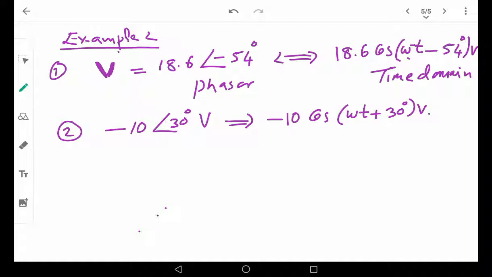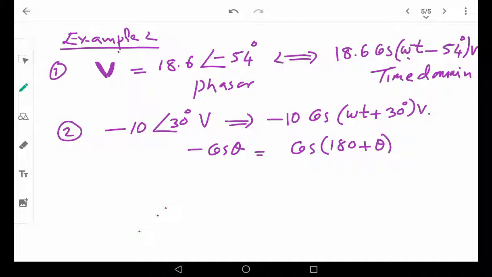If you want, you can convert the minus 10 into plus 10. You know we have a relation: minus cos theta equals cos(180 plus theta), isn't it?